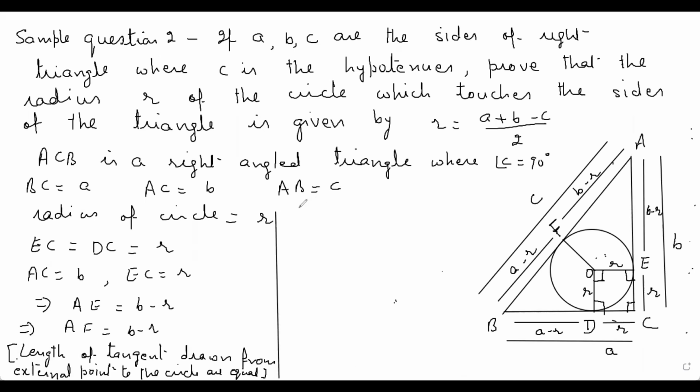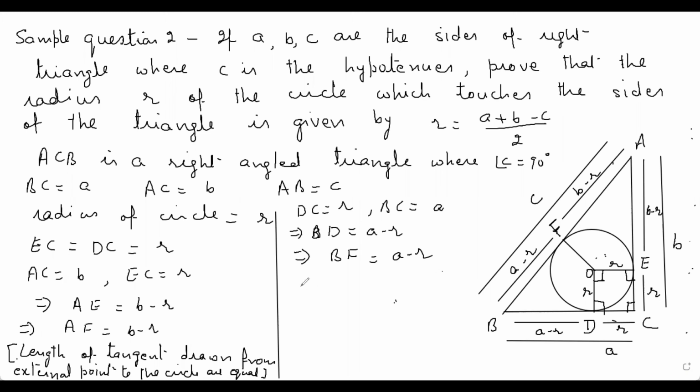Similarly, if DC is R, BC is A, then BD is A minus R. It implies BF is equal to A minus R. Same reason, length of tangents drawn from an external point to the circle are equal.